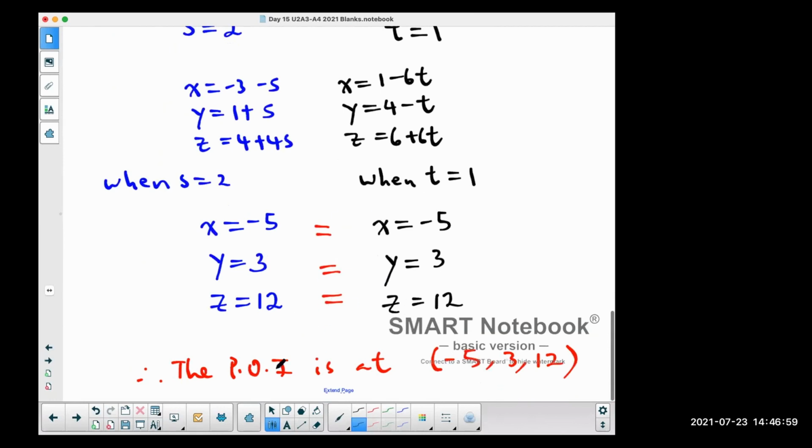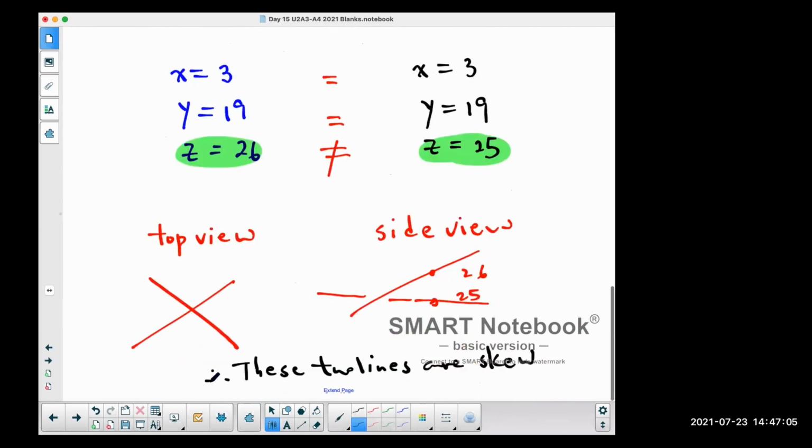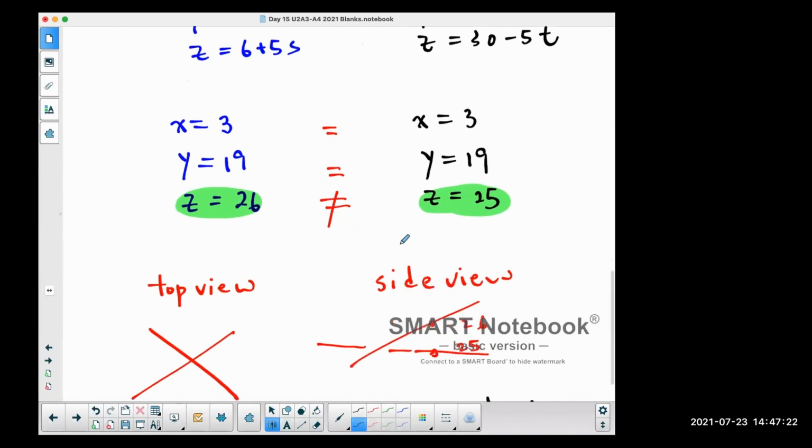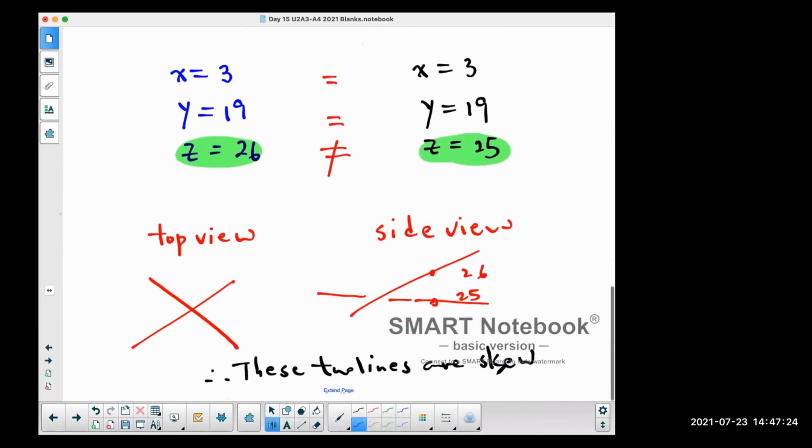If they're the same, that means the paths meet at this particular point. In the other case, we sub into the two equations and realize one of the coordinates is not the same. If any one of the three coordinates is not identical, then the lines are skew. They are not actually touching.